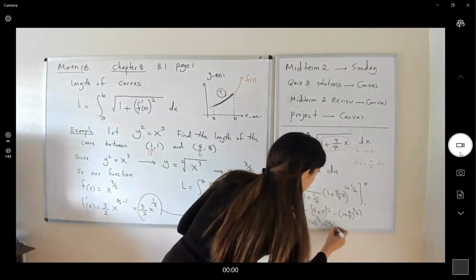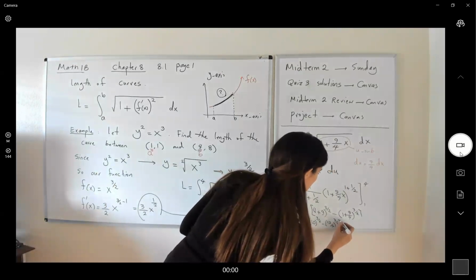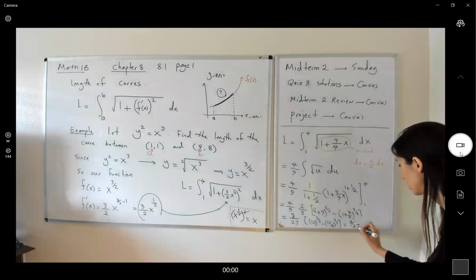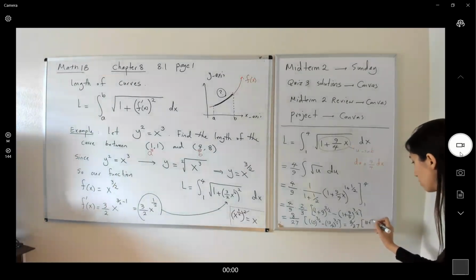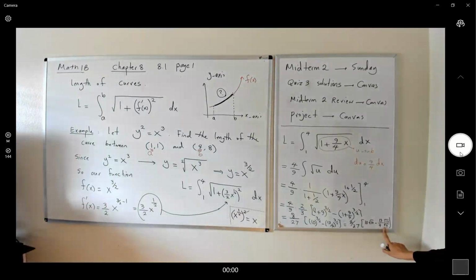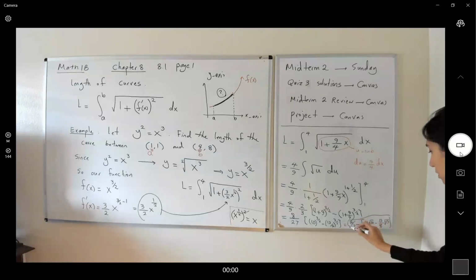So 13 over 4 raised to 3 halves, which is equal to 8 over 27, 10 square root of 10, minus 13 over 4 square root of 13 over 4. But here, since you have 4 in your denominator, square root of 4 is equal to 2, so you get 1 over 8. Now you have 13 in your numerator, so you get 13 over 2. This is the length of your curve.